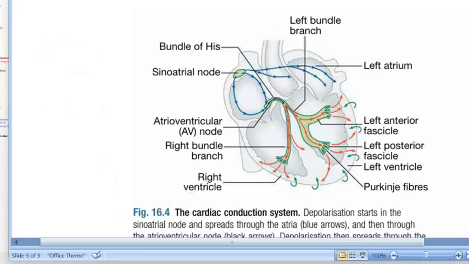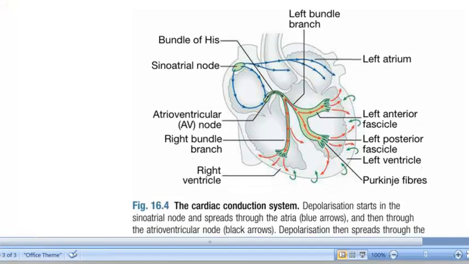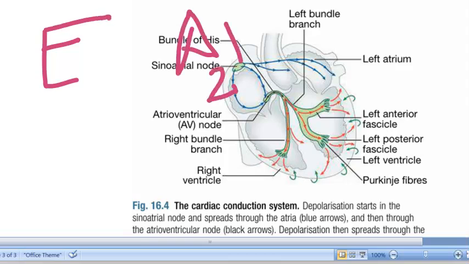Now, why is there normal splitting between A and P? So during expiration, what happens? It will be like this: A2P2. Okay, something like this. This is the sound, and this is the next sound. Right? They're very, very close in expiration.